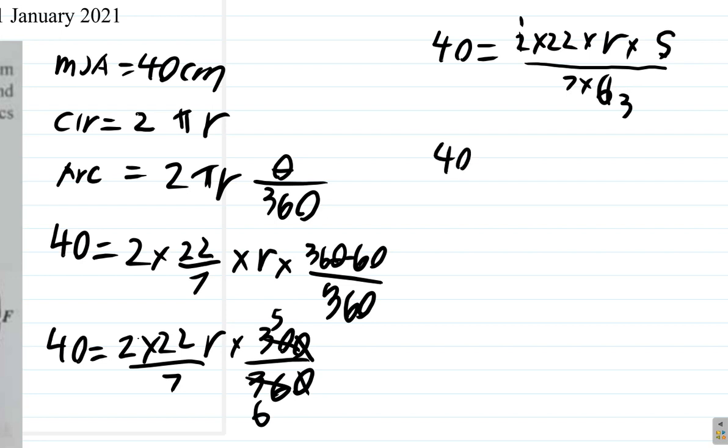So we have 40 equals 22 over 7. This 22 is multiplied by r up here by 5 over 7 by 3. Call it 7 3 is 21 now.